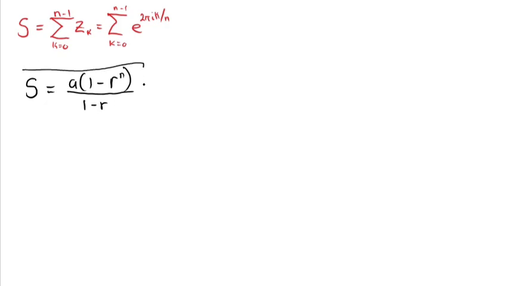This is the formula we're going to use to prove that the sum is equal to 0. But to start with, let's find the first term, which is a, and then we also need to find the common ratio. The common ratio is found by dividing the second term by the first term.